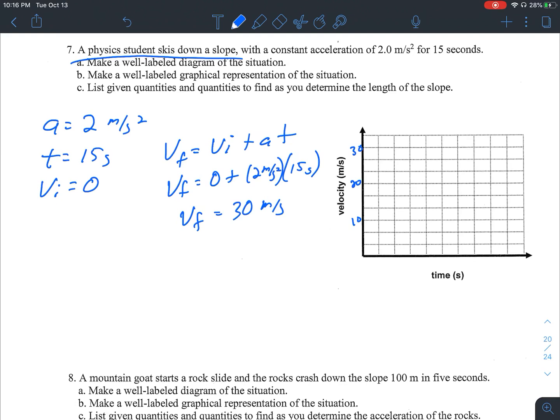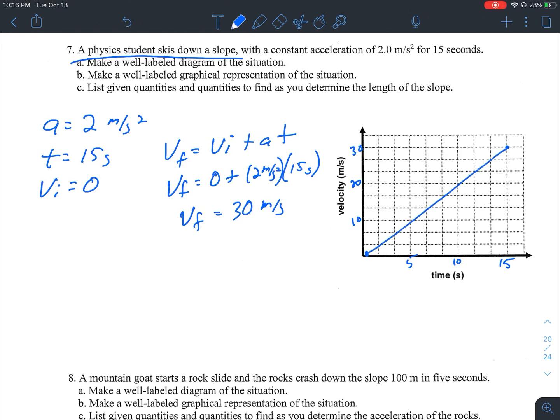So we know we're going to start off at 0, end at 30. Let's see how I can do this. I think that'll work. So at 15 seconds, we'll be going 30.